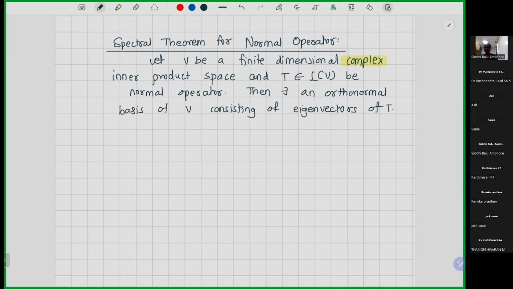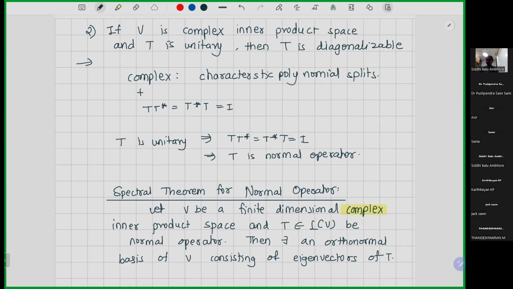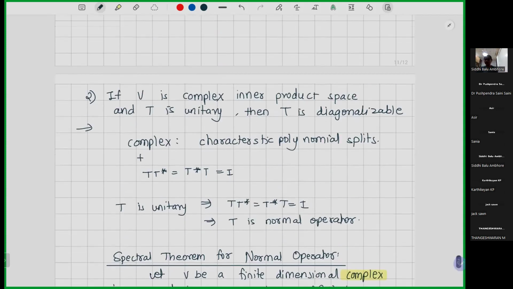So does this help anywhere to conclude that T is diagonalizable? This statement itself is enough to conclude.